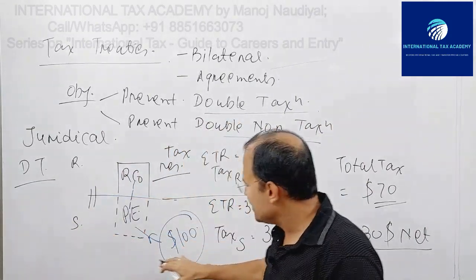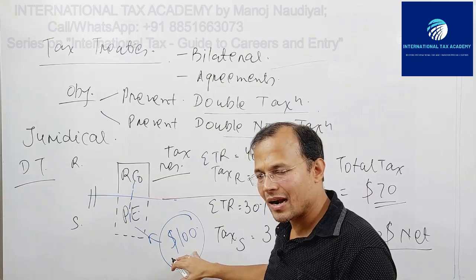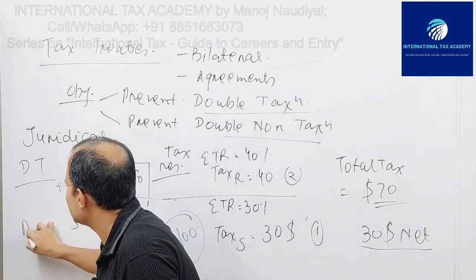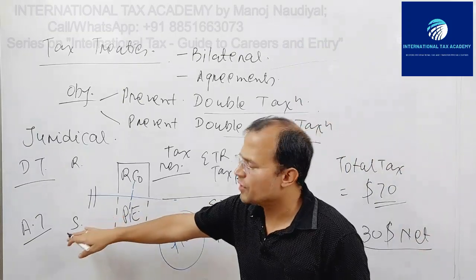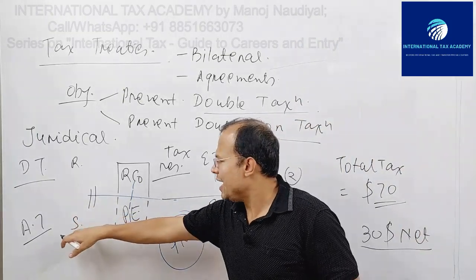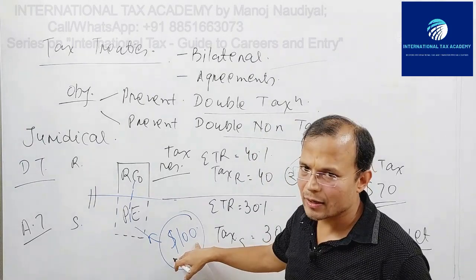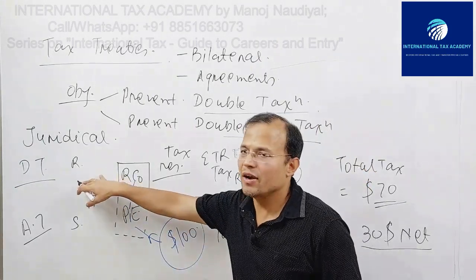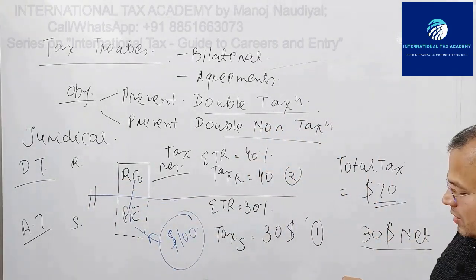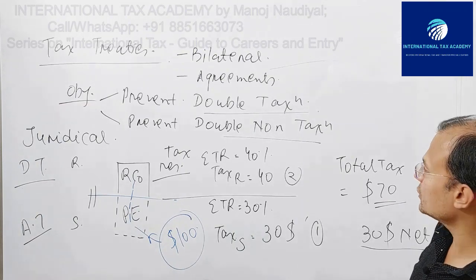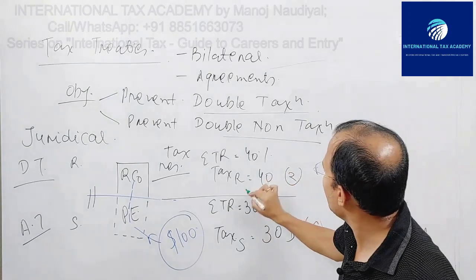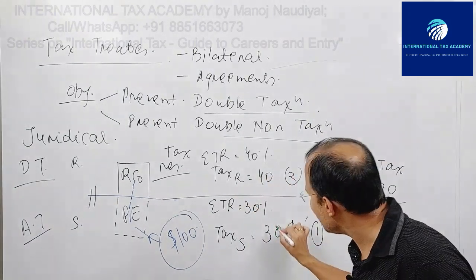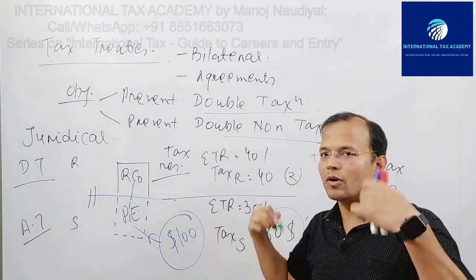S would tax this 100 by virtue of tax treaty Article 7. I'm simply saying by virtue of Article 7, S would tax this $100 of income, fine, and then R will not tax. So this would be taken care of. R would not tax and only S would tax. This can be one of the options.